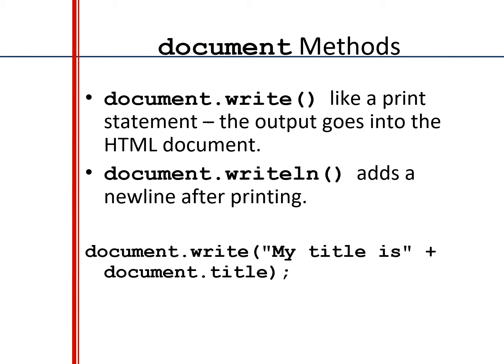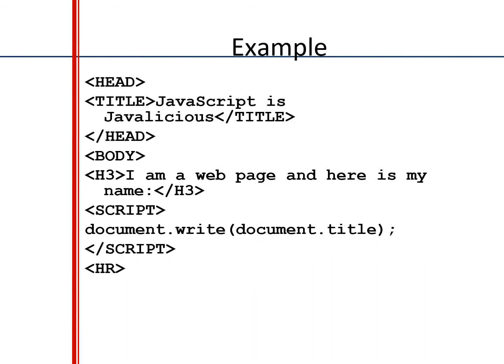Writing document.writeln adds a new line after printing. You write document.write("My title is " + document.title), which you want to insert.